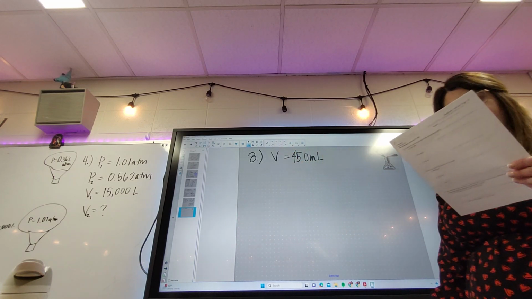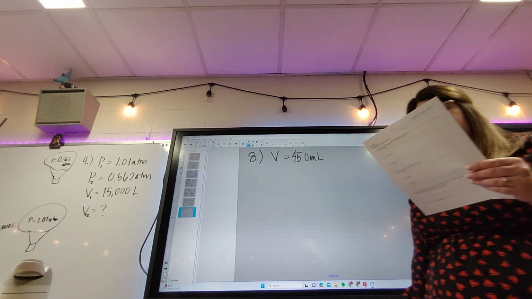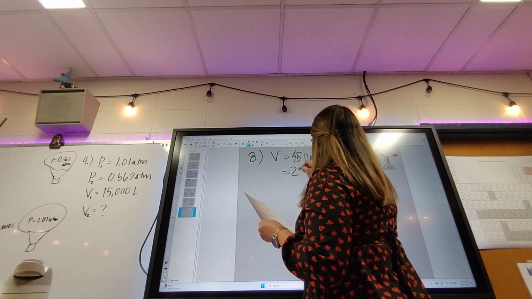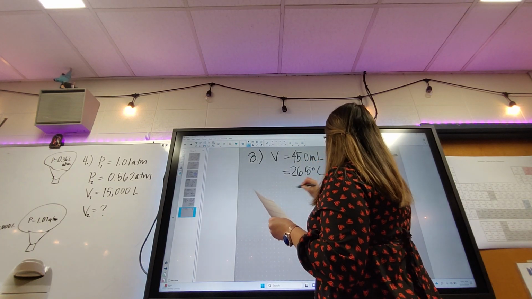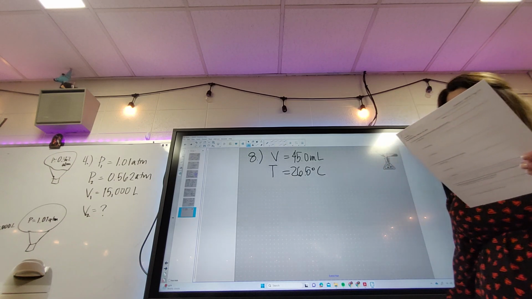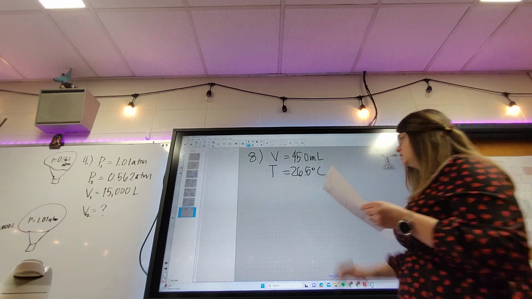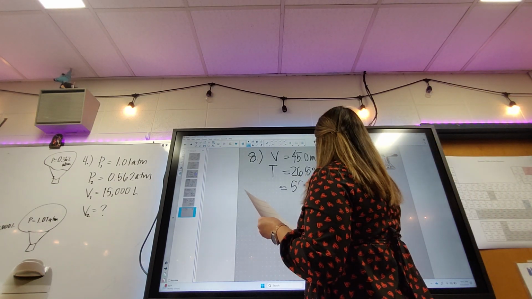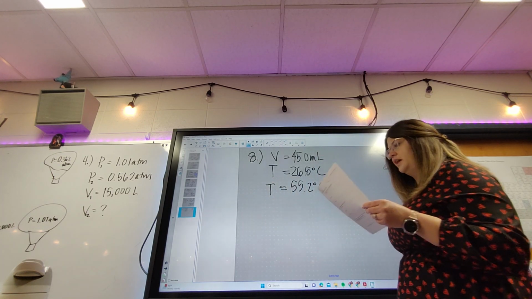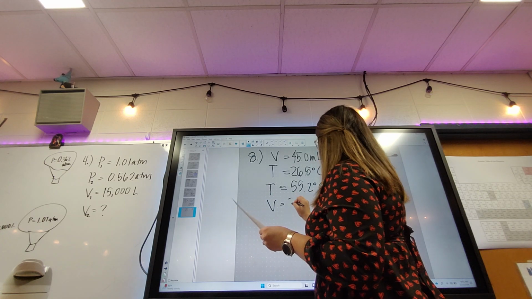It says milliliters. If this sample of gas at 26.5 degrees Celsius, that one is a little bit easier, like degrees means temperature, is heated to 55.2 degrees Celsius, what is the new volume of the gas sample?